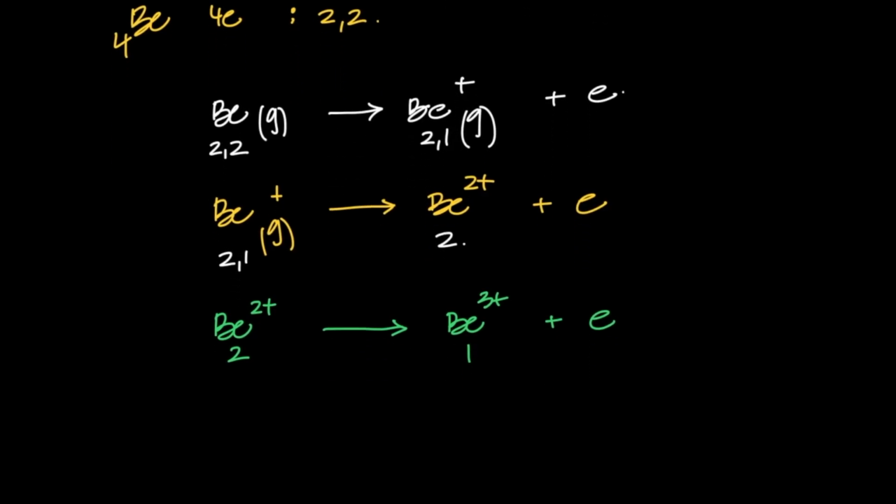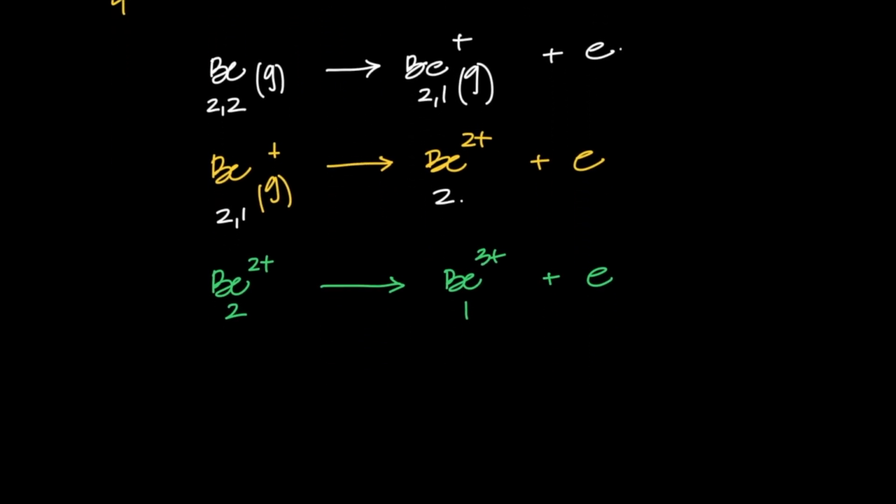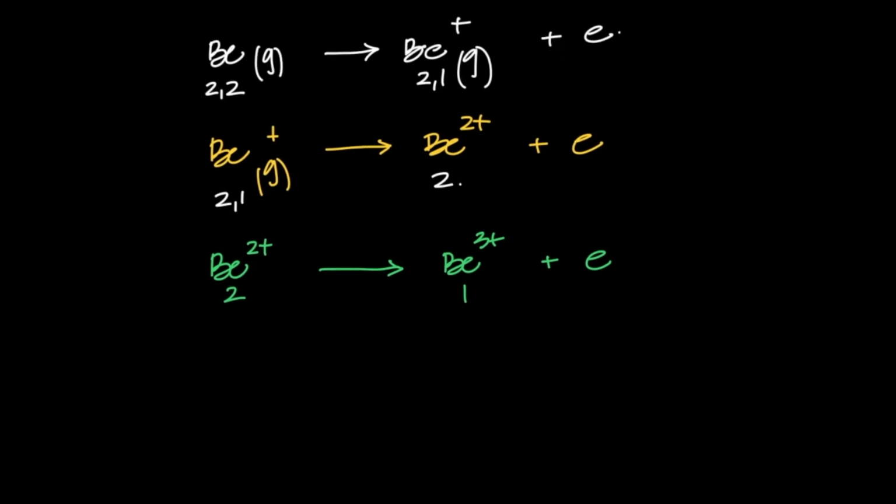So if I scroll down, I'll make the first ionization energy of beryllium. The first, then second, then third, and the fourth one would be Be3+ with 1 electron, becoming Be4+. Now it has 0 electrons in its atom.